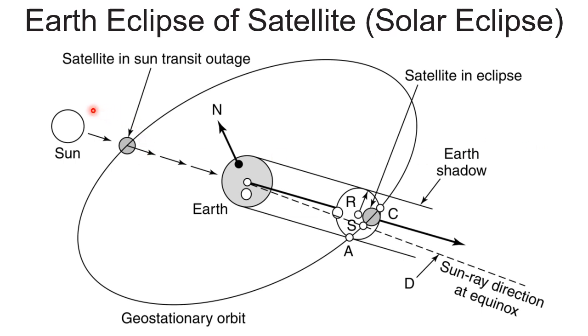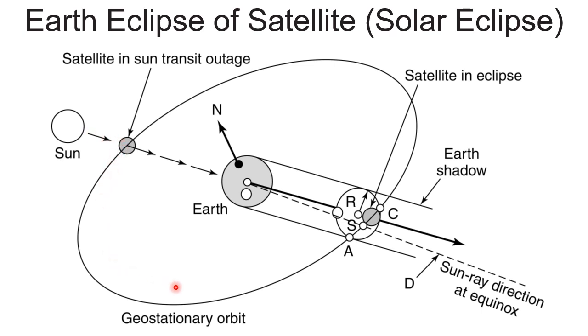If you consider the situation that the sun is here, earth is here, and the satellite is rotating in this orbit, right? Now when the position of the satellite is in between sun and earth, we have a phenomenon called sun transit outage. We will discuss it later on.